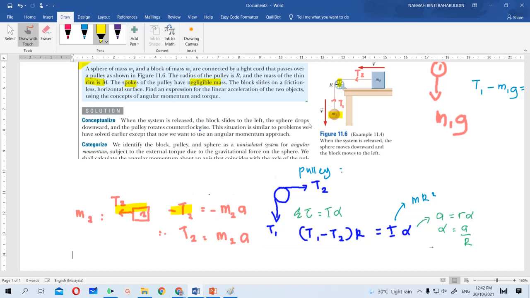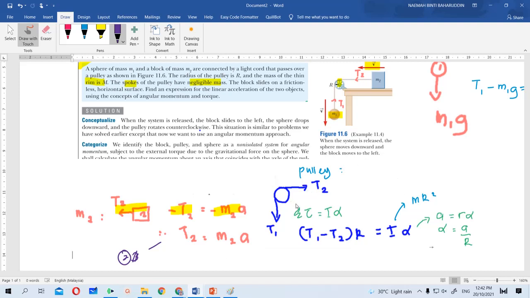Previously the pulley was not there, therefore the tensions were equivalent. Now the pulley is there, so the tensions are not similar to one another. So we see that the net force is negative m2a. Why negative? Because the object moves to the left. So simplified, we have this expression, which we label as our second expression.